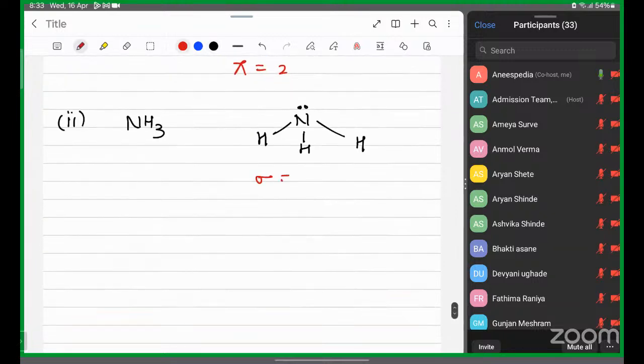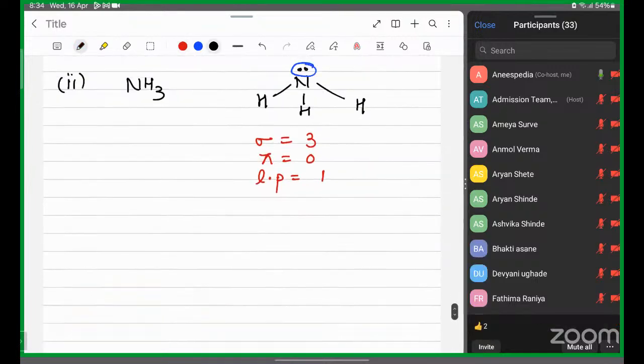How many sigma bonds are there? 3. How many pi bonds are there? 0. And how many lone pairs are there? Electrons which are not in a bond are known as lone pairs. So there is 1 lone pair in ammonia. Understood?